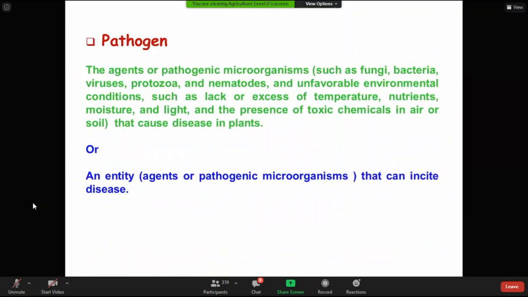Who are the enemies? Pathogens, right? So any entity, agents or pathogenic microorganisms that can incite disease, we call pathogens.